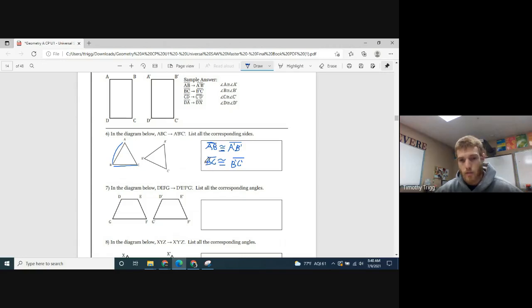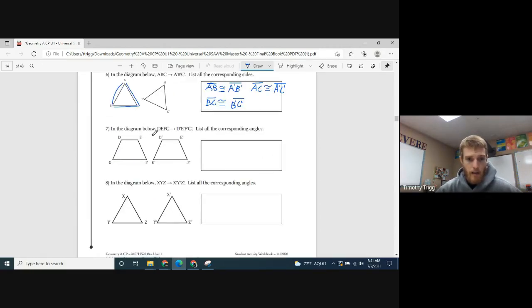Unsurprisingly, these are congruent to each other. Lastly, the last side, AC, which will be congruent to segment A prime, C prime. Okay.